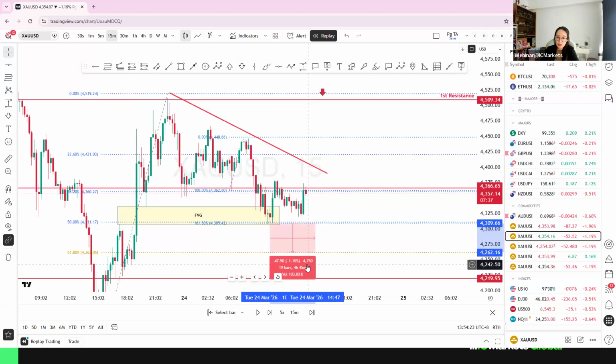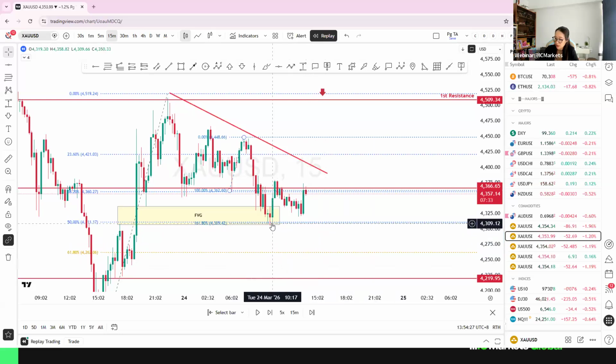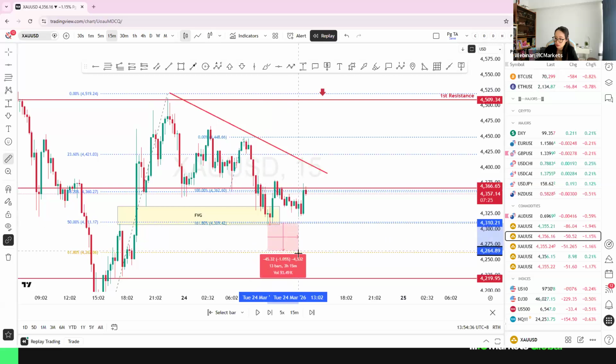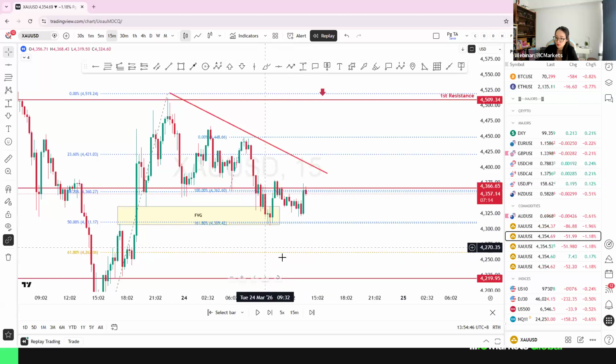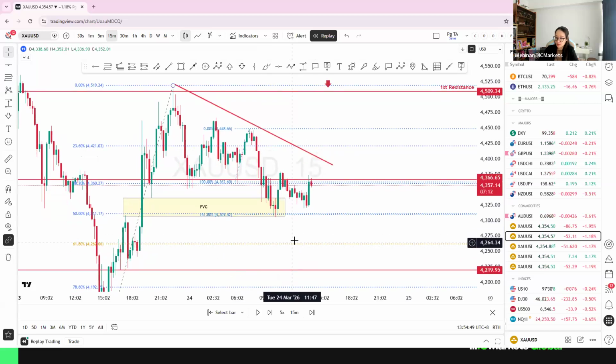I just cut loss at maybe 20 or 30 pips, rather than buying here, being wrong, and price falling all the way to this OB and 61.8, another 450 pips. No, I'm not going to waste my capital here. I just hit my stop loss first, and then wait to look for another entry here if I see the confirmation.